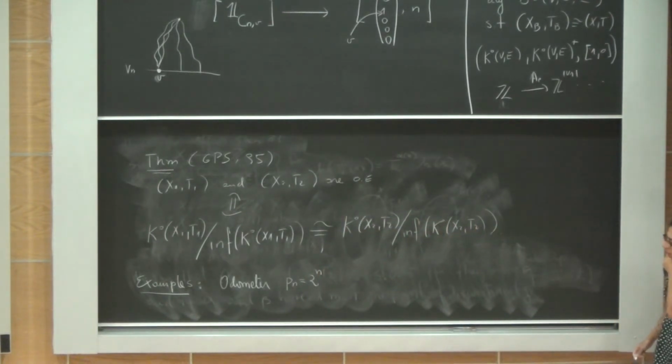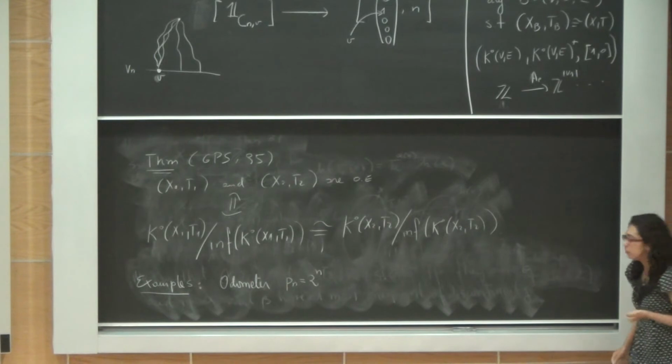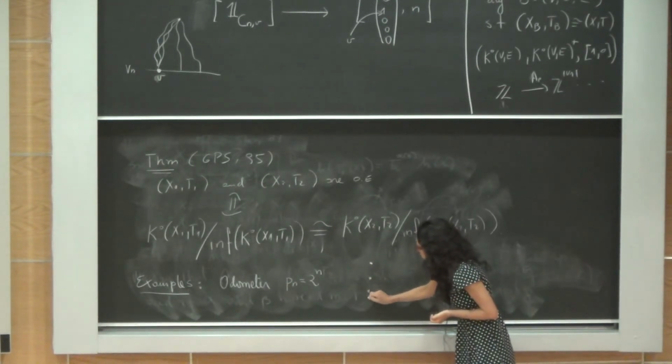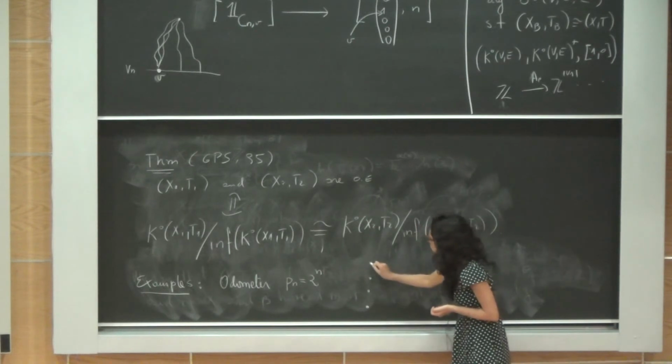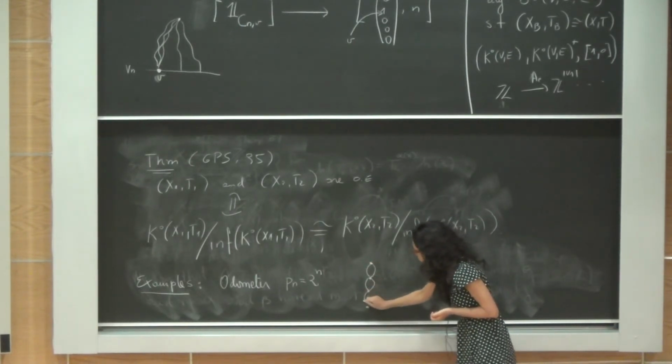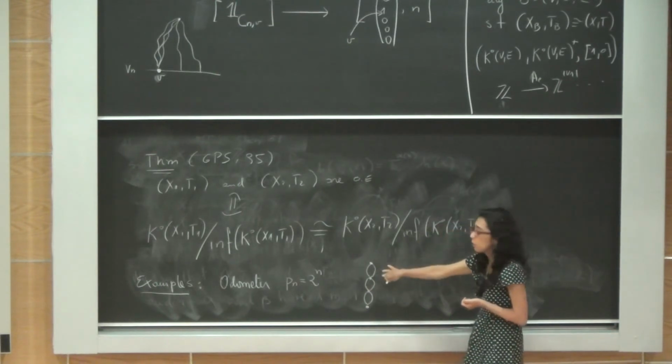The Bratteli diagram that we can use to describe this odometer is a Bratteli diagram having just one vertex at each level and two edges from one level to the next one.